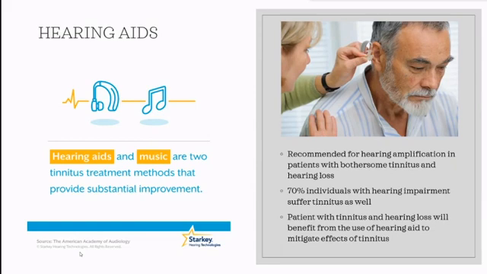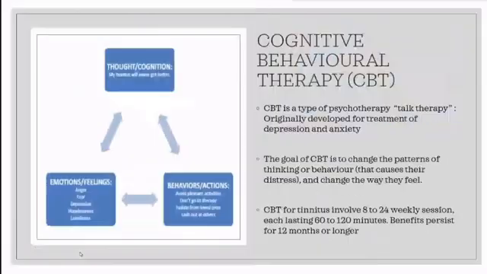The idea is, if you hear the environmental sound better, you will direct your brain towards the environmental sound and not to the tinnitus sound, which is generated in your inner ear. Most patients will say they benefit from hearing amplification, a hearing aid. So hearing aid plus sound therapy usually helps to manage their tinnitus in most patients.